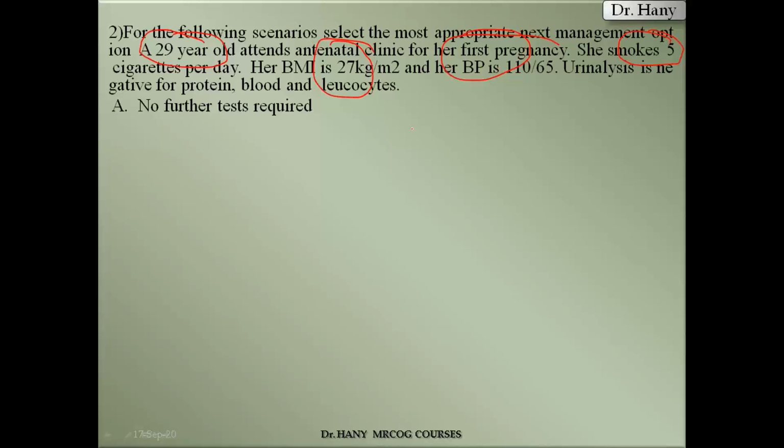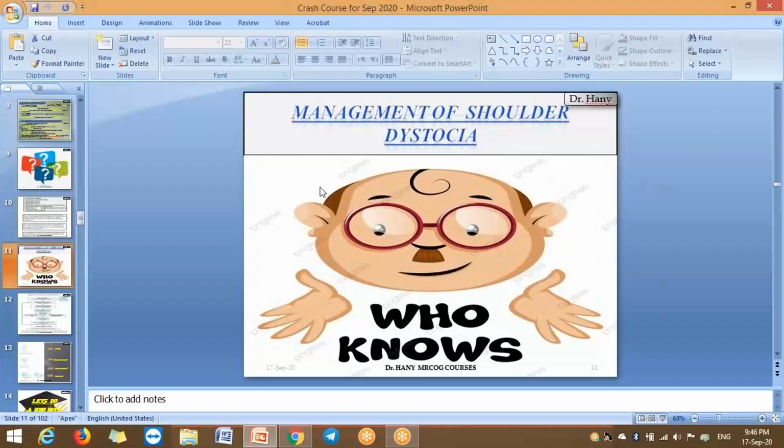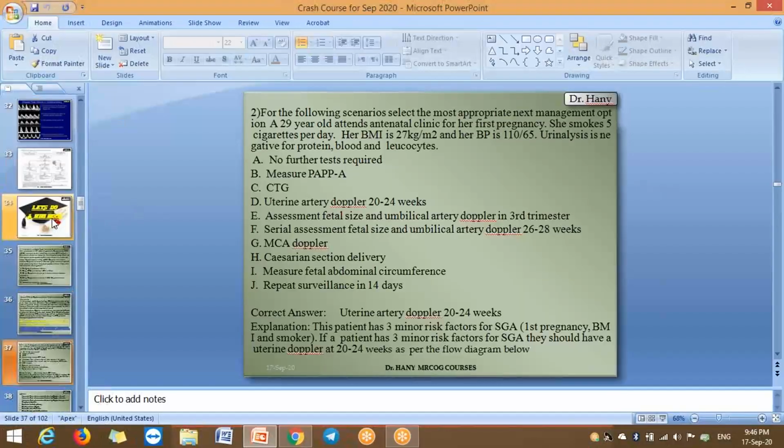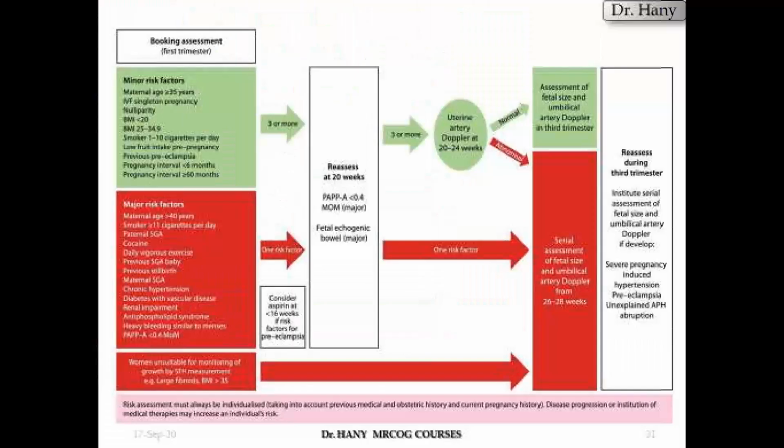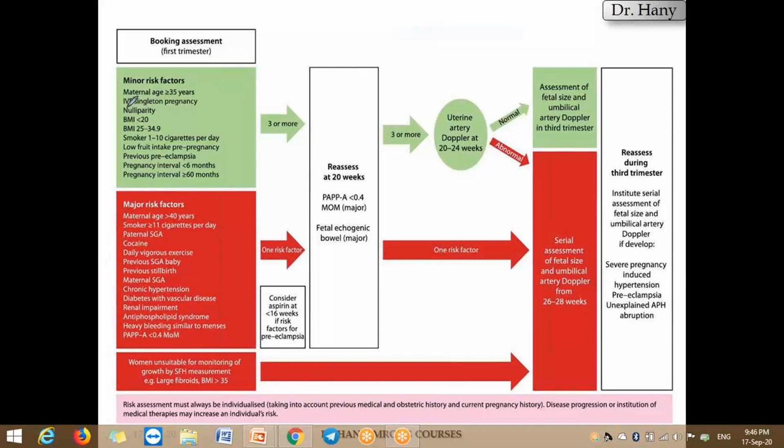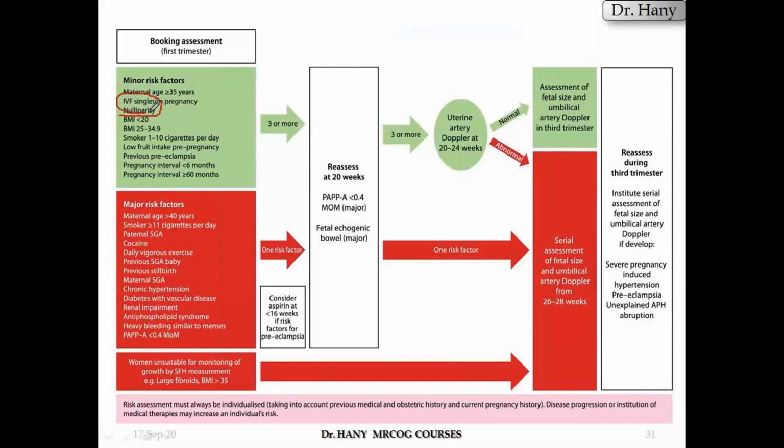If we go back again to the screening chart, I will highlight the point here. You see, nulliparity, BMI between 25 and 30, she's 27, prime gravida, and smokes 5 cigarettes. Now I collect the three: 1, 2, 3.